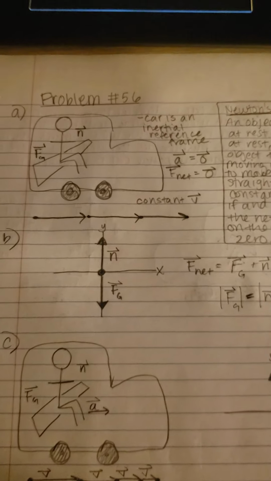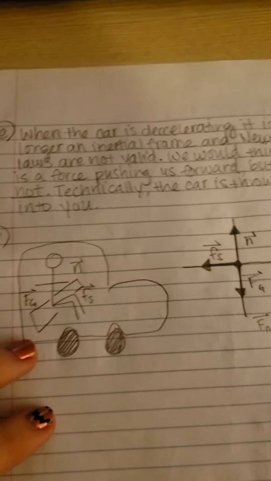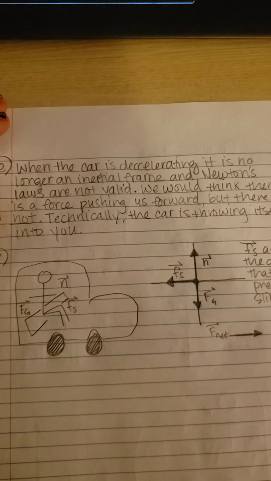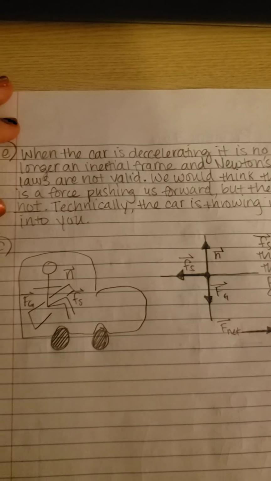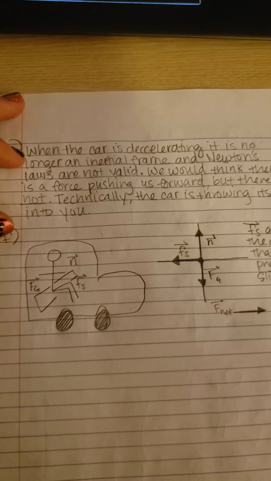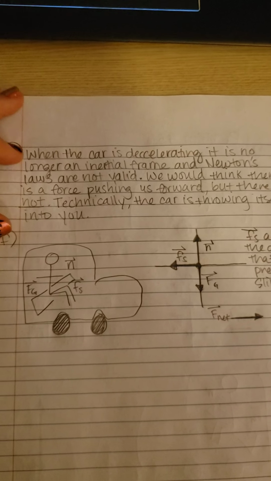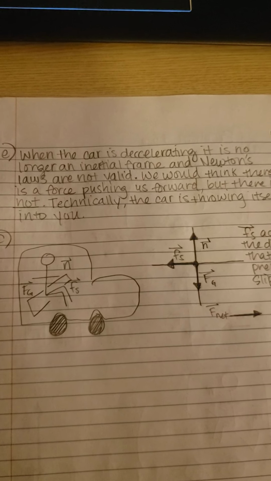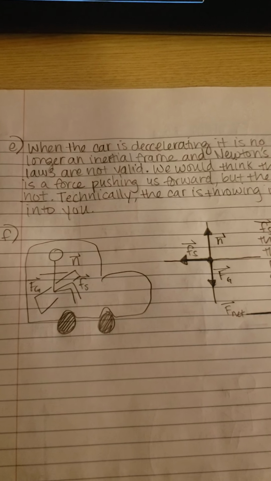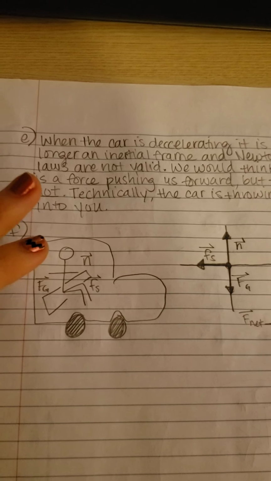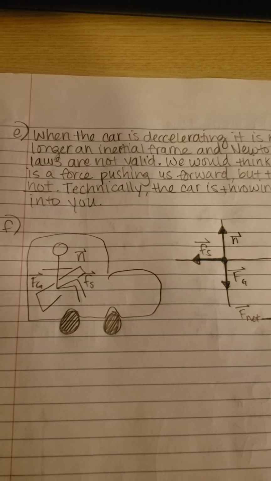So to use Newton's laws to explain why we seem to be thrown forward, we can say that when the car is decelerating, it's no longer in the inertial reference frame, and Newton's laws are no longer valid. So we would think that there's a force pushing us forward, but there's not. Technically, the car is the one throwing itself into you. So that is why we seem to be thrown forward, but there's no forces actually acting on us.